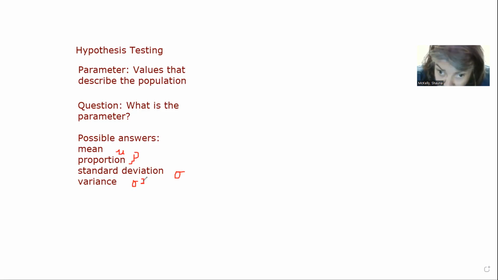Now, another question that I get from students when we do proportions is they remember doing the flow chart that we spent so much time on in 8.1 and 8.2, and they're wondering why there's no flow chart for proportions. The simple reason is there's only one test for proportions.